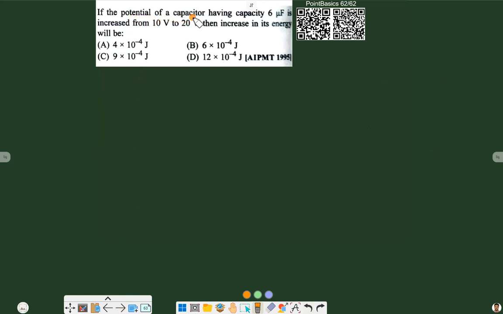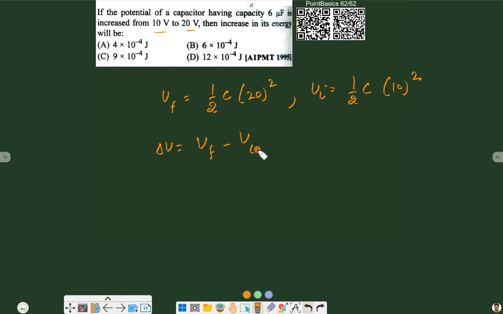If the potential of a capacitor having 6 microfarad is increased from 10 to 20 volt, find the increase in its energy. So we can say final energy will be half C into 20 square, and initial energy will be half C into 10 square. So the increase in energy delta U will be U final minus U initial. So half C will be common, and the value of C is 6 microfarad.